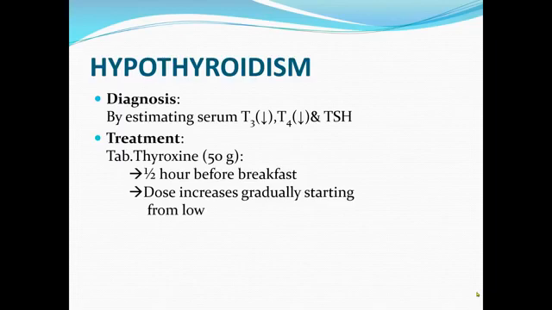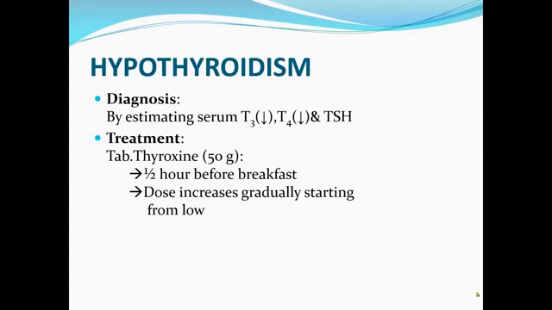How can we diagnose hypothyroidism in an individual? By a very simple investigation, that is serum T3, T4 and TSH. T3 means triiodothyronine, T4 is tetraiodothyronine, that is thyroxine, and TSH is thyroid stimulating hormone. Be careful.